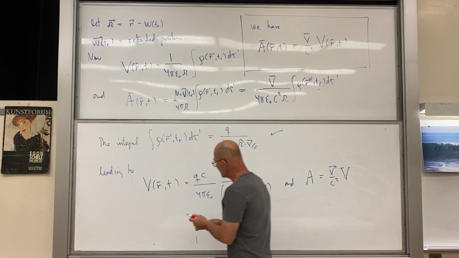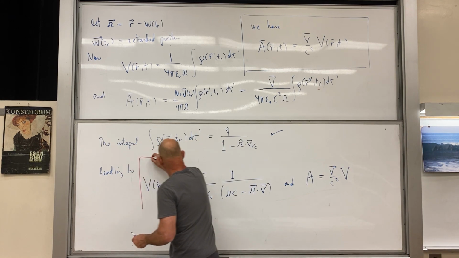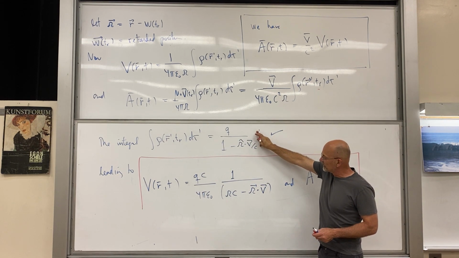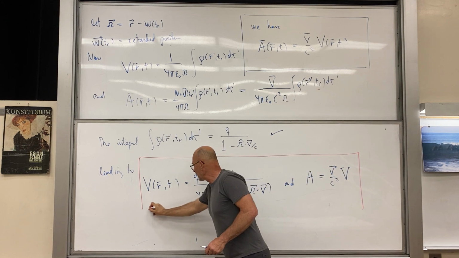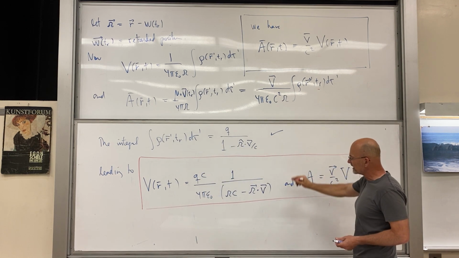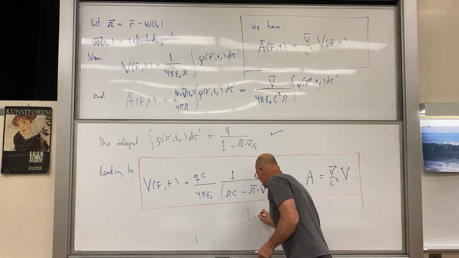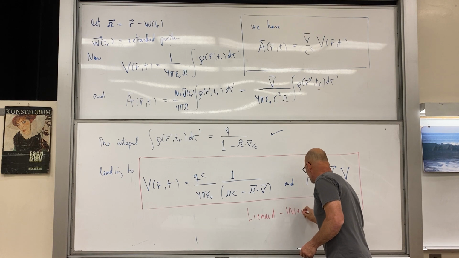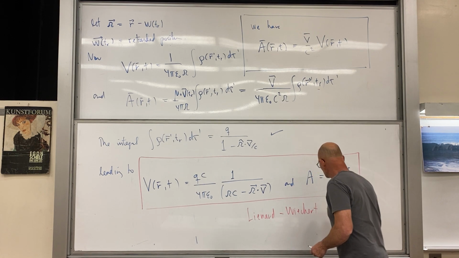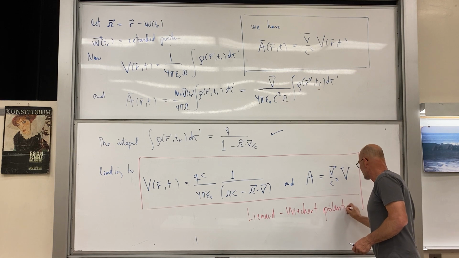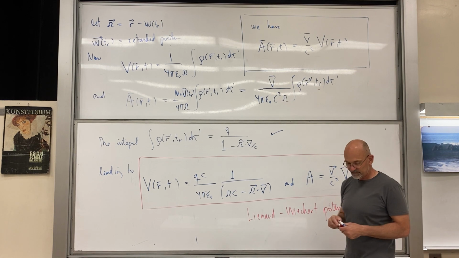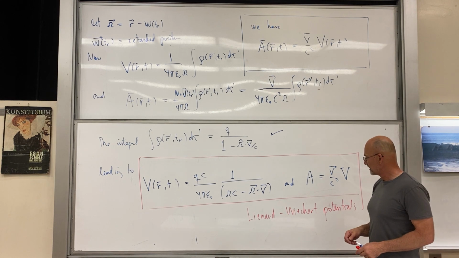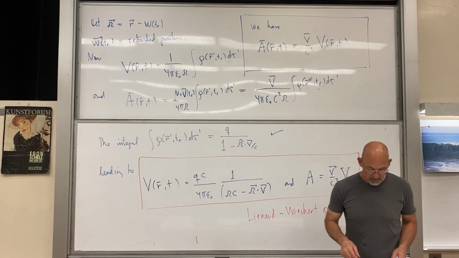So let's put a box around these. I owe you the proof of this, the discussion of this. And then we'll have these potentials fair and square. They're called the Liénard-Wiechert potentials.